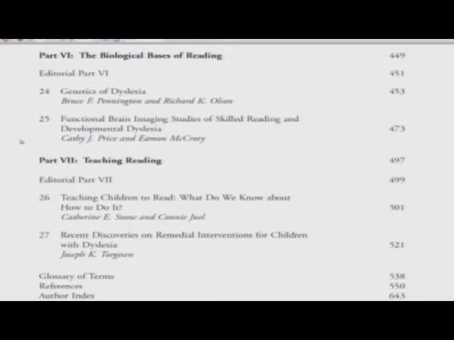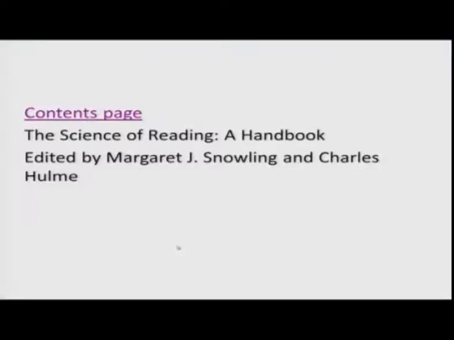So, then you may now want to have a look at this book in detail. So, you have decided on the basis of just very quickly skimming through the contents page that this book is going to serve my purpose. So, this is how we skim through a contents page. We move on.